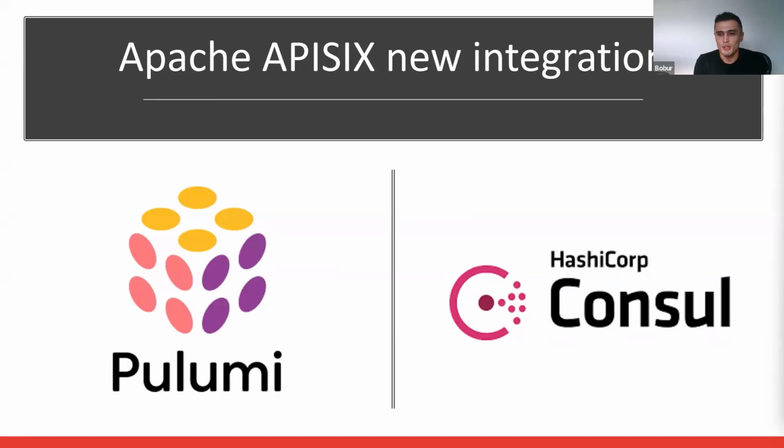We are now working on creating Terraform packages, so you can easily automate the deployment of APISIX to any cloud vendor. We will be releasing this news, I think, maybe next month, after we finish these Terraform packages, and we'll publish them on the registries of both Pulumi and Consul.